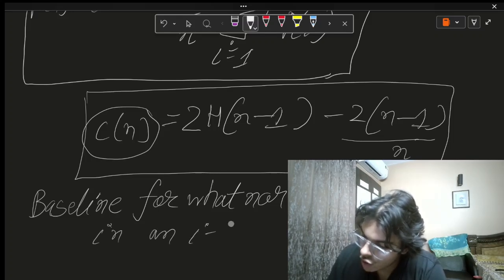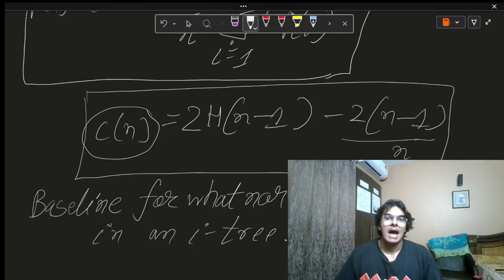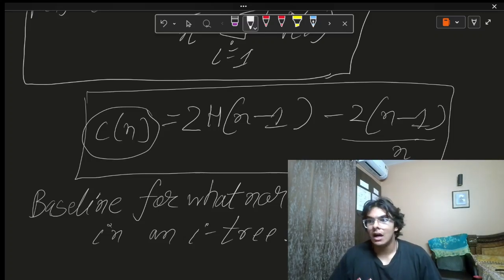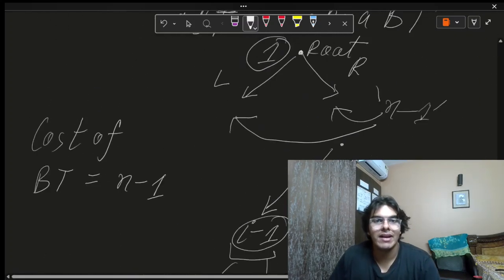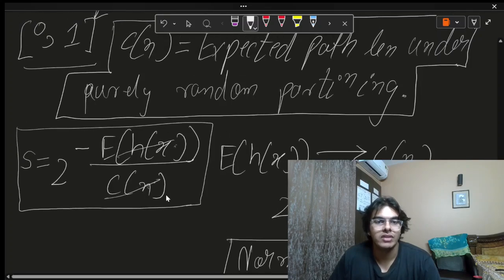So in an isolation tree, whenever we go deep, we need to decide what baseline we are considering, having a reference point, having an idea of what a normal point looks like. Because if we know what normal looks like, then we can decide what an anomaly is by comparing them. That is why we divide by C of n in our anomaly score formula, to compare, to normalize the value.